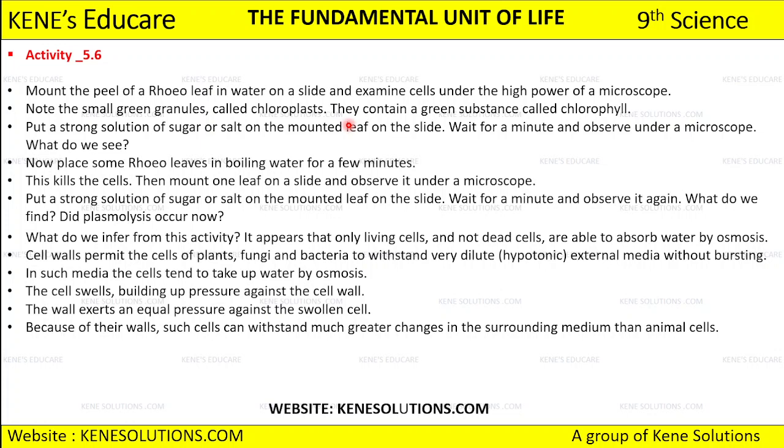And we all know this one thing, why plants can prepare their own food and why animals cannot, or we human beings cannot make our own food: because we don't have this chloroplast within us, and that is the only reason why plants can prepare their own food and we human beings and animals cannot.